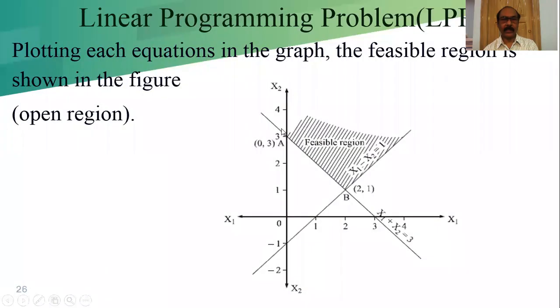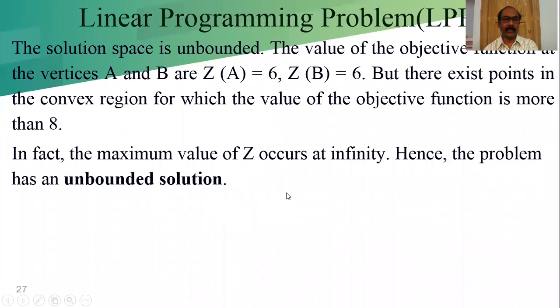So this gives us the minimum value. So in this case, it is not an unbounded problem, it is a bounded problem. But if we consider the maximization, then it is an unbounded solution. That is the example of the unbounded situation.